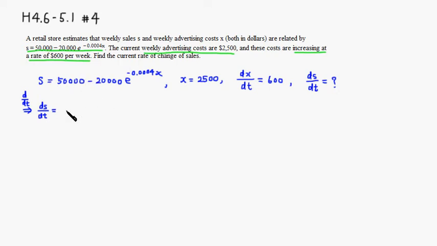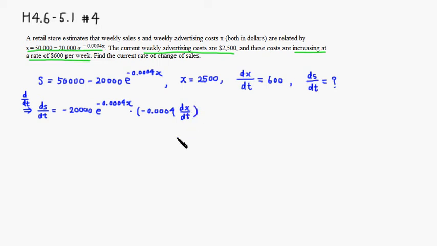So the derivative of that is negative 20,000, and the derivative of this is going to be exactly the same thing, e to the negative 0.0004x, times negative 0.0004, and then you have to multiply by dx over dt.